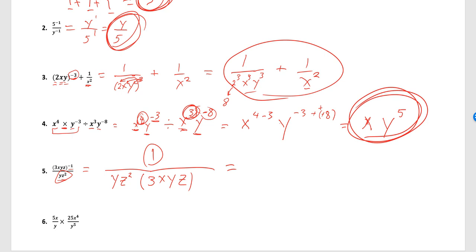So here, how do we simplify this further? Well, we could multiply like bases together, and by doing that, I mean you take the common base. You don't multiply the base by itself, obviously. You just take one of them, and then you add the powers of the like bases.